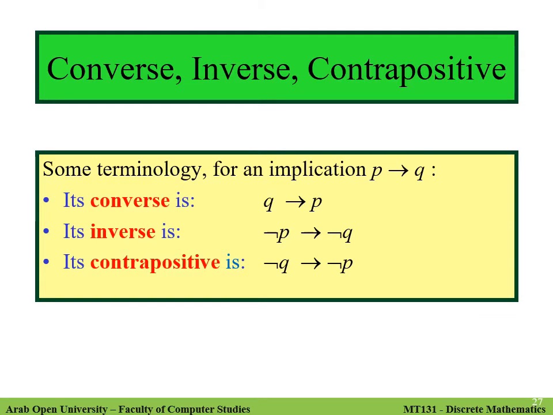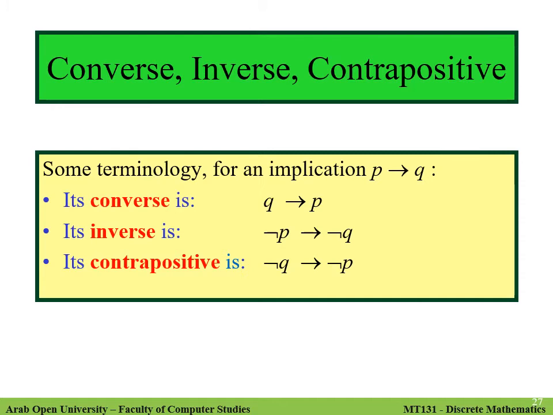For P implies Q, the converse of that statement is Q implies P. The inverse is not P implies not Q. Starting with the statement P implies Q, if you apply the negation to each one of them, it becomes not P implies not Q, and this is called the inverse of the statement. The contrapositive, you have to apply the negation and also change the order. The contrapositive is not Q implies not P.